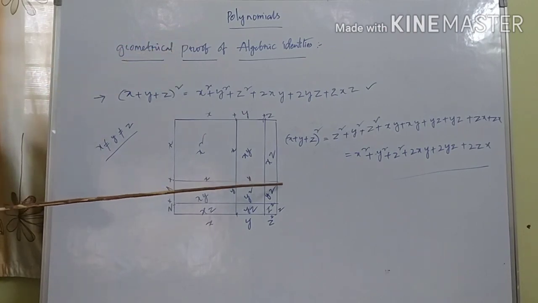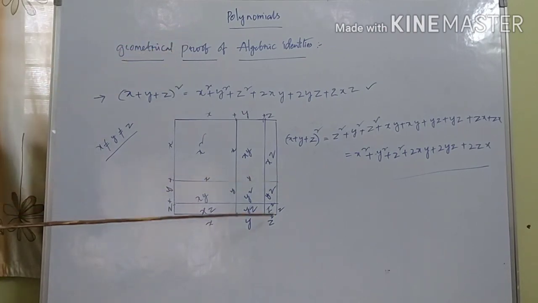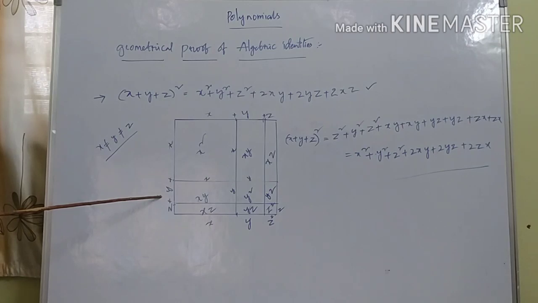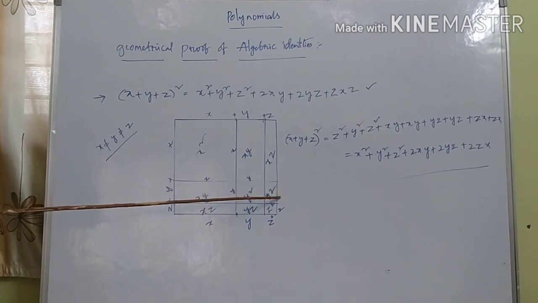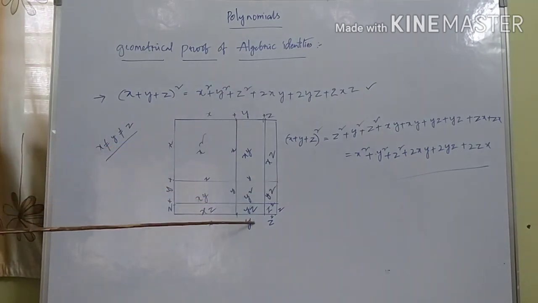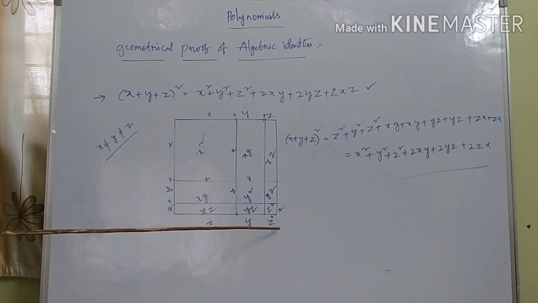So join a line from this point to y and this point to z. The lengths of the sides here are z and this one is y. Similarly, the length of this side is y and z. So extend lines y to y and z to z.